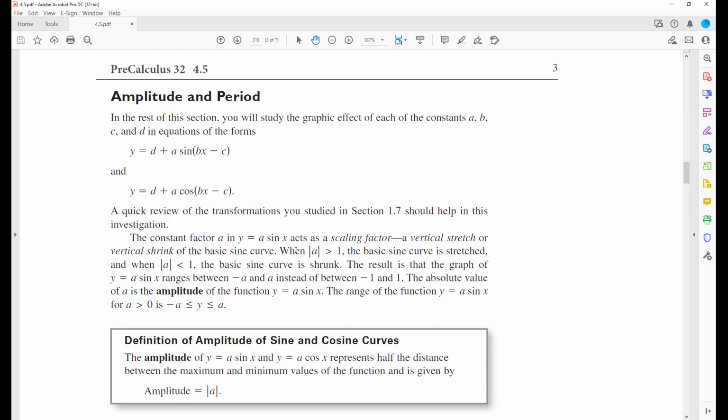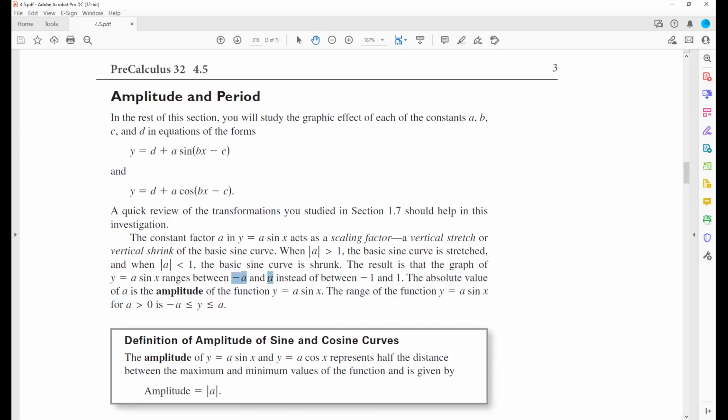Note that if the absolute value of a is larger than 1, then the basic sine curve is stretched. And when the absolute value of a is less than 1, the basic sine curve is shrunk. The result is that the graph of y equals a times sine x ranges between negative a to a.